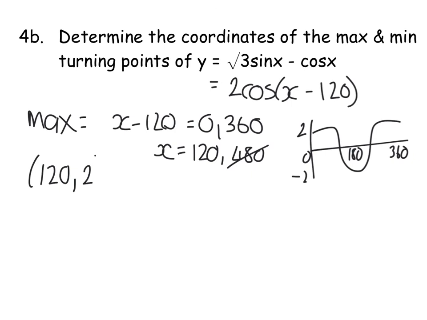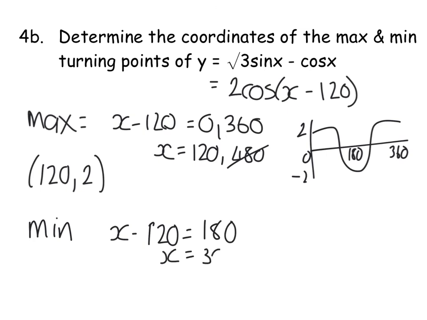Our minimum is putting the bit in the bracket equal to what the minimum should be at, which is 180. And that gives you 300. So the minimum is along to 300 and down to minus 2.